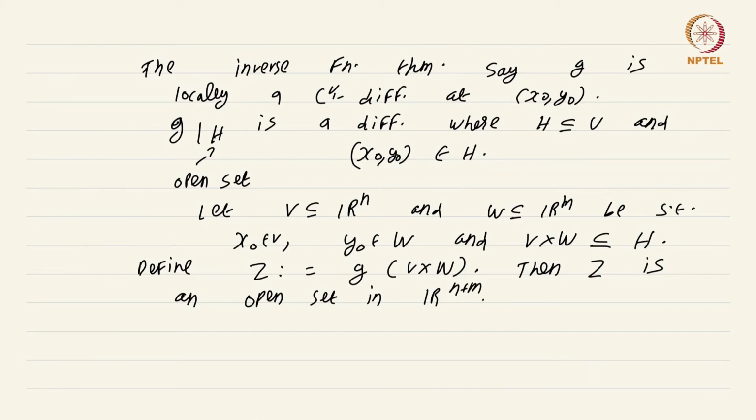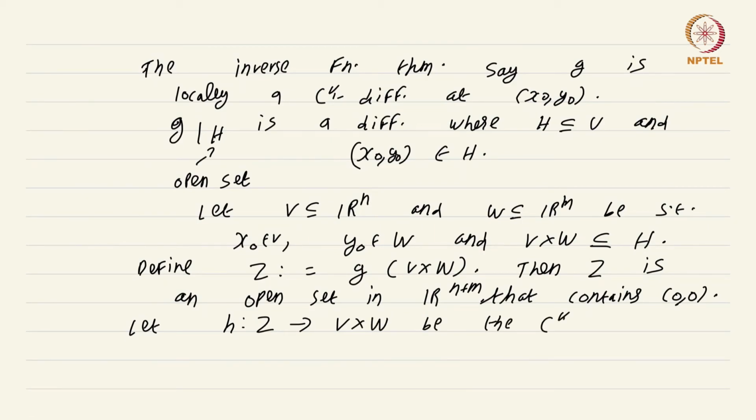Think about why this is true. This just follows because it's a diffeomorphism, and this set contains the origin. Let H from Z to V cross W be the CK smooth inverse of G.